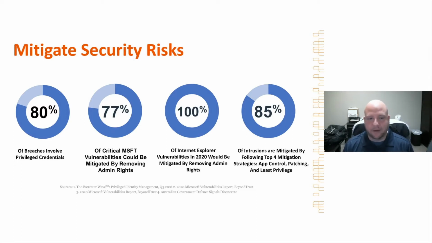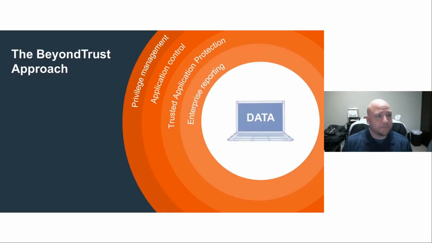And again, the 85% number, I just like to dictate these and show these because they're so high. I mean, as we saw in the quote on the previous slide, something as small as removing admin rights can have such a positive impact in terms of preventing risk and malicious behavior in an environment. But again, it does come with some perceived baggage.